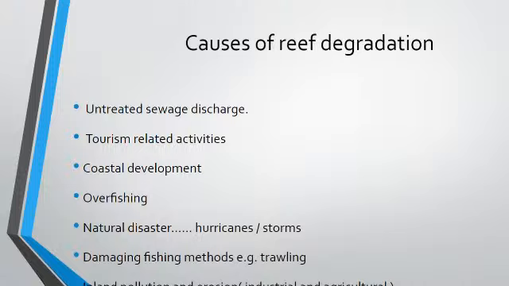Natural disasters from hurricanes or storms, and damaging fishing methods, for example trawling or the dynamite fishing that we saw earlier. Inland pollution and erosion, that is from industrial as well as agricultural waste.